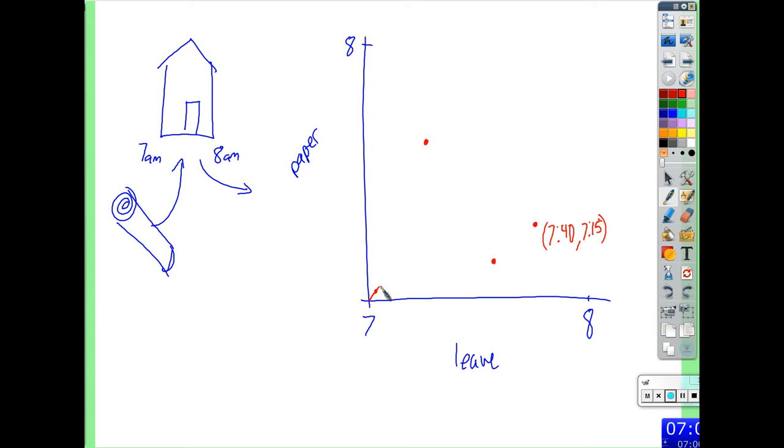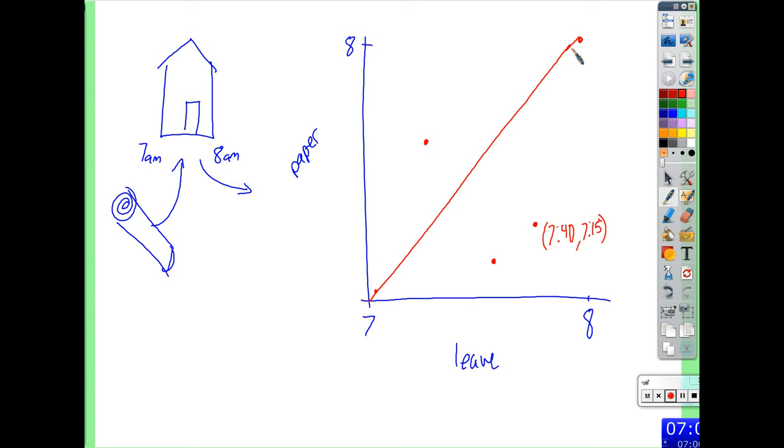So, this line represents all the time when it's exactly the same time. You leave, paper arrives, you catch it. Anywhere on that line is you catching the paper in hand as you walk out of the door.